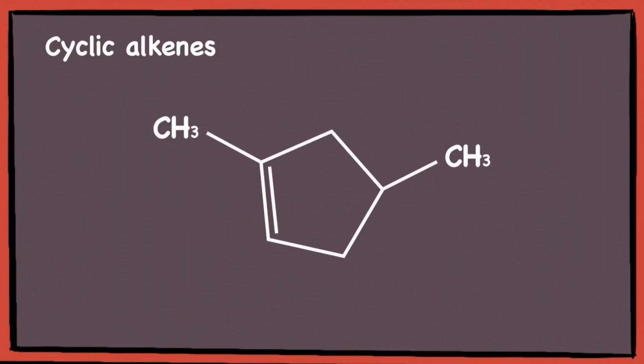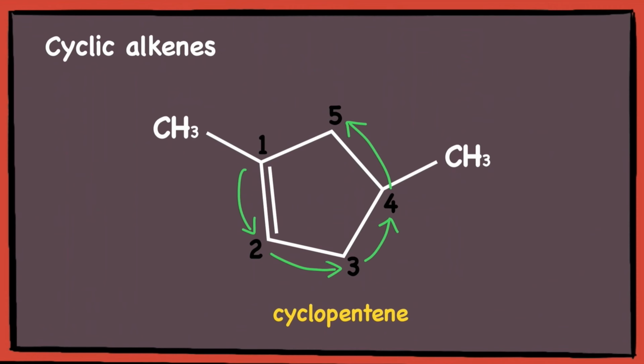Step 1. Let's find the longest carbon parent chain, which is the 5 carbon atoms in this enclosed pentagon chain right here. And the number starts off with the carbon in the C=C double bond attached to the side group. So the parent plus suffix will be called cyclopentene. Take note that the numbering of carbon atoms in this case will be in the anti-clockwise direction and not the other way around, because the second carbon atom must follow the C=C double bond.